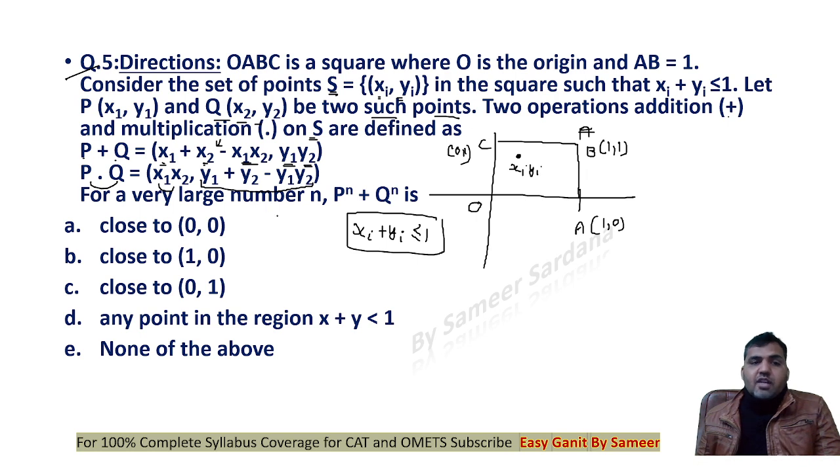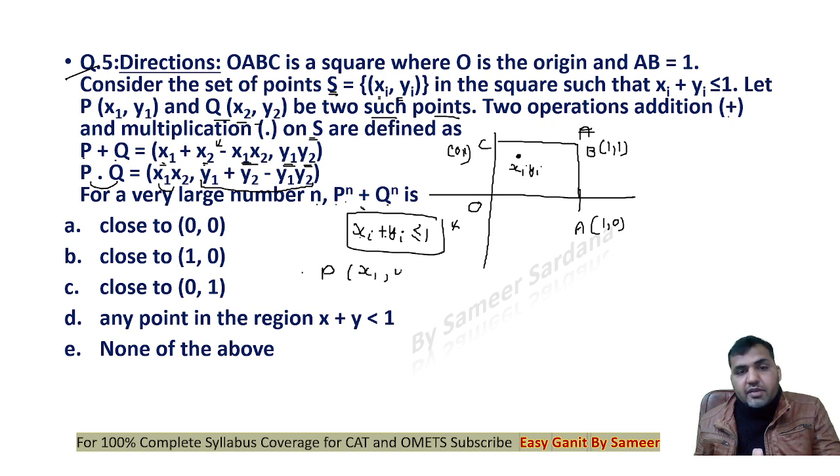Now we are supposed to find out for a very large number n, P power n plus Q power n is what? See guys, you choose any point P. You see that xi plus yi has to be less than or equal to 1. All the points have to satisfy this. If I take any random point P, let's say the coordinates of P are x1, y1.